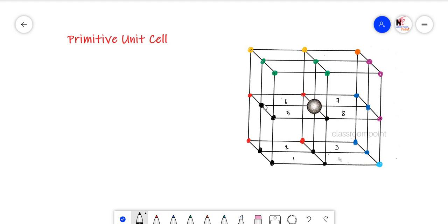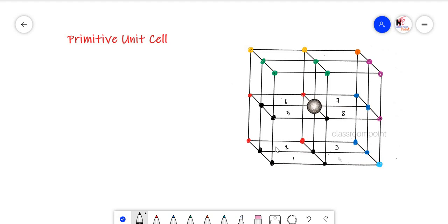If you observe this particular black spotted unit cell, imagine this is one particular sphere or atom. Imagine that if all the other parts are not in touch with this particular cube, then this sphere entirely belongs to this cube only. Then the number of atoms present in this cube equals 8, because there are 8 corners.